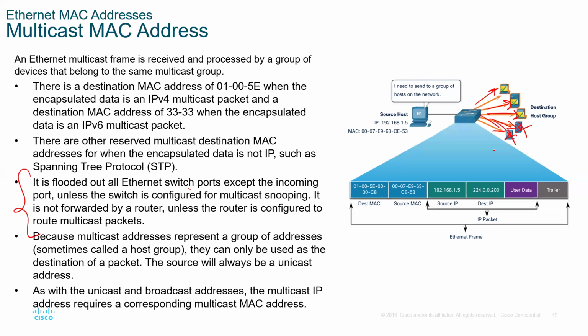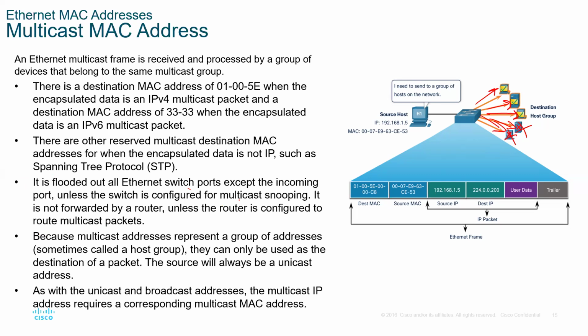In broadcast, we broadcast the frames as well. The difference is that with broadcast, all the frames are accepted by the destination devices, but with multicast, devices that are not in the group reject those frames.